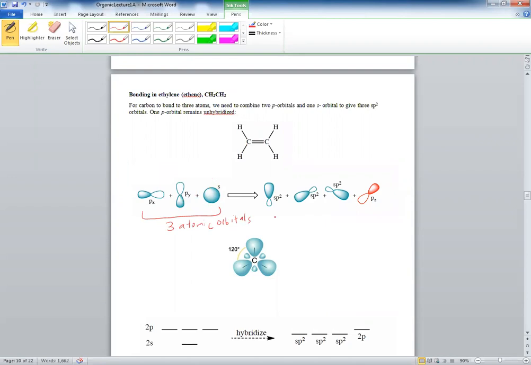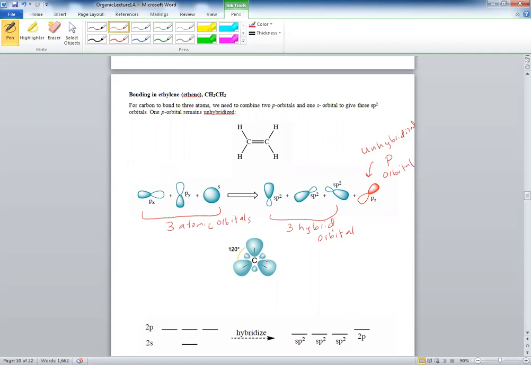Well, what happens is you do end up with 3 hybrid orbitals. But one of them, this one, remains unhybridized. And we're going to need this for the next topic of pi and sigma bonds.